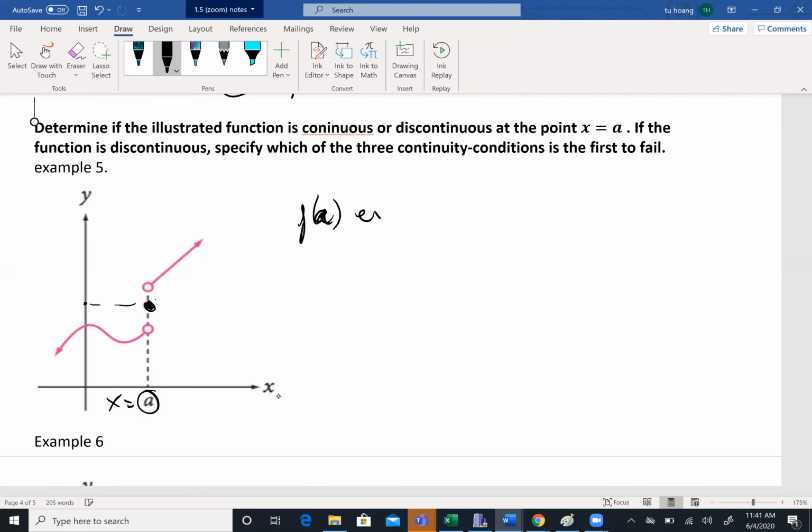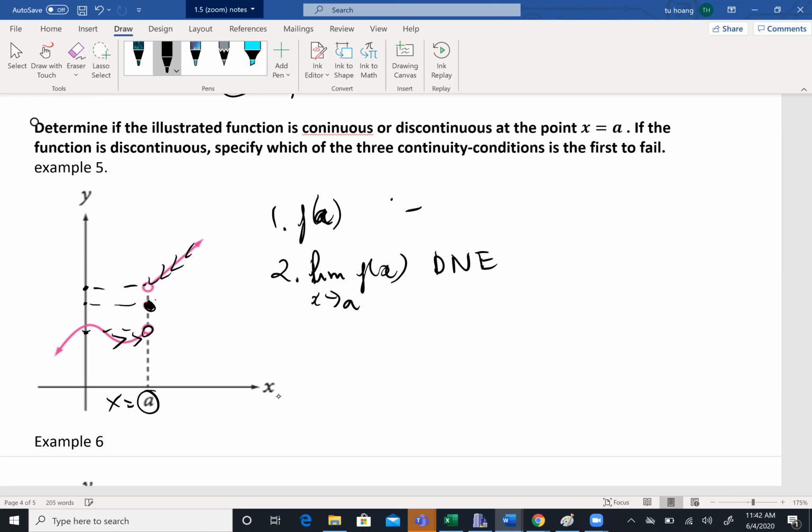f(a) does exist. For the second part, the limit from the left goes to this value of y here. From the right-hand side it is approaching the other value up here. So you will say the limit of f(x) when x goes to a does not exist.